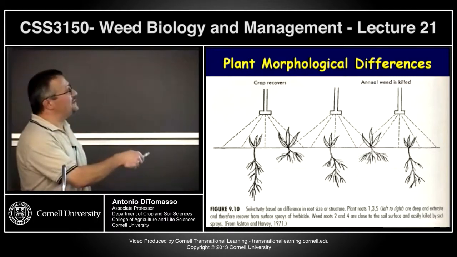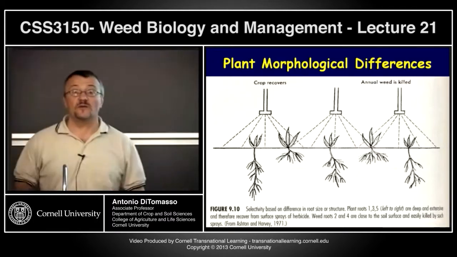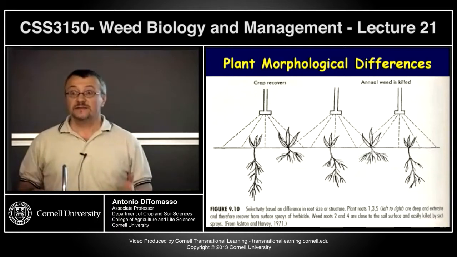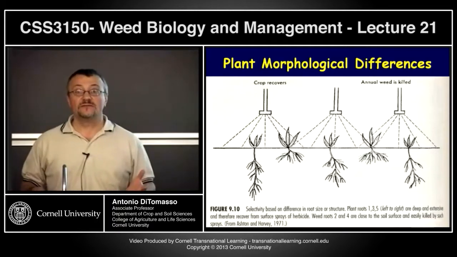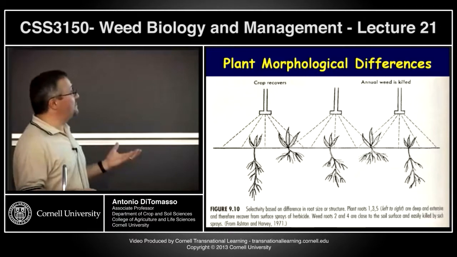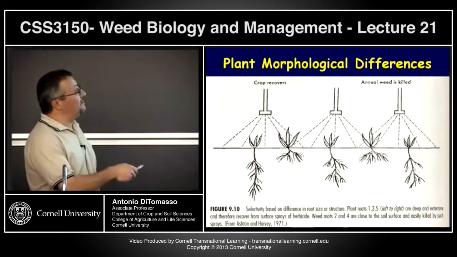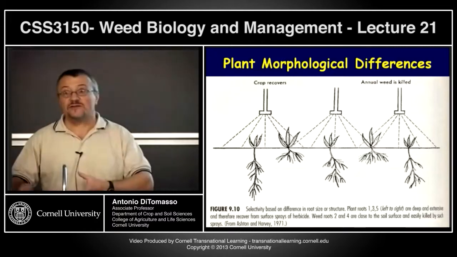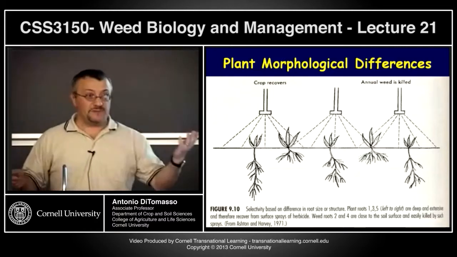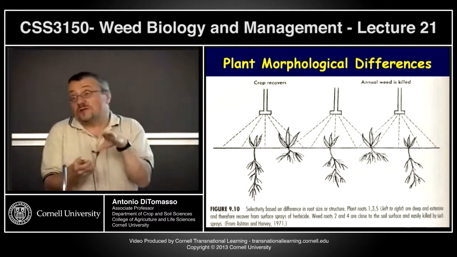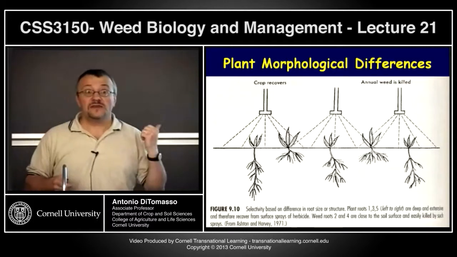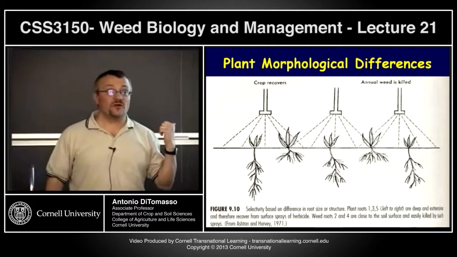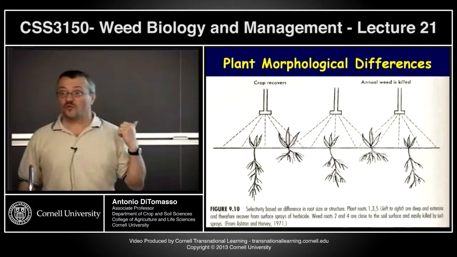But for some herbicides that are not translocated very far, some of our diphenyl ethers, okay, acifluorfen, Blazer, is a good example, they don't go very far. Then you would imagine that if they don't have to travel as far, they're likely to knock off a plant that's got shorter roots or the plant is younger. And this is where you have to be careful sometimes when you're working in orchards and you've got dwarf trees.